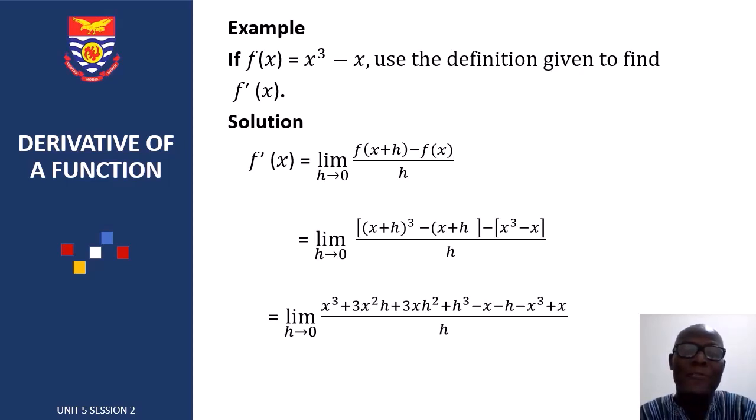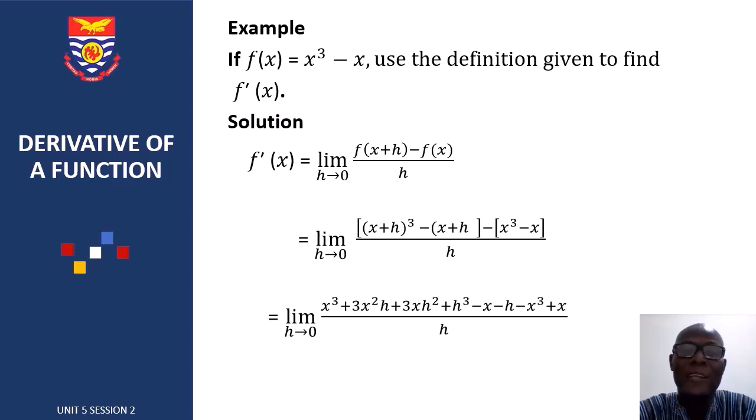Now, the definition, f prime of x, that is the first derivative of x, is equal to the limit as h approaches 0 of f of (x plus h) minus f of x, all over h. As we said earlier, wherever there is x in the given function, we increase it by h.